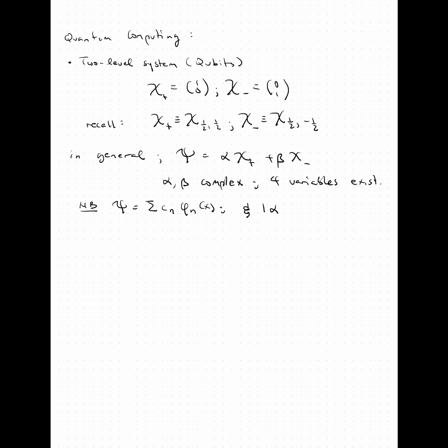And in this case, we know alpha squared plus beta squared must be equal to 1. So as I said, the sum of the probabilities, or the coefficients squared, must be equal to 1.